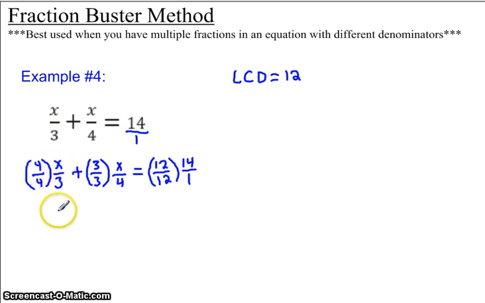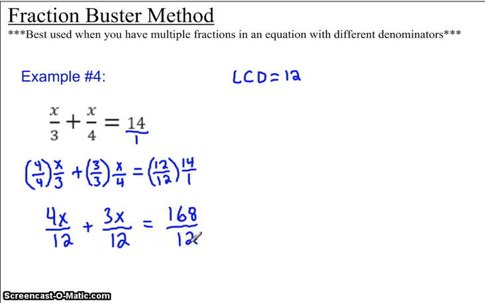So I'm going to have 4 times x, so it's 4x, over 12, plus 3 times x is 3x, over 12, equals 12 times 14 is 168, and that's over 12. Now check this out.